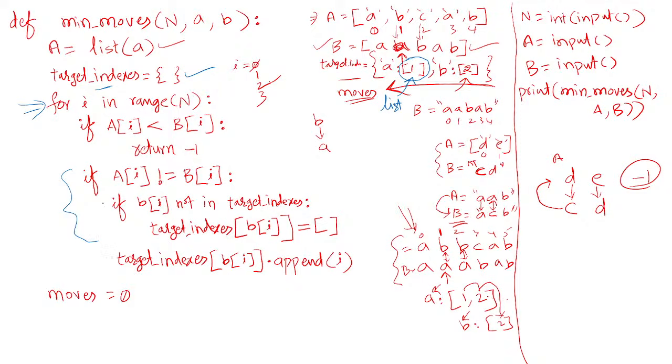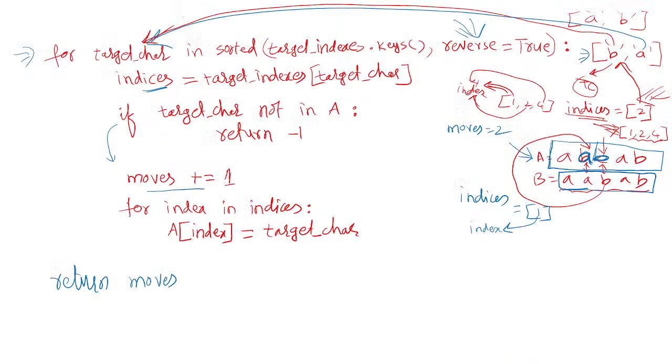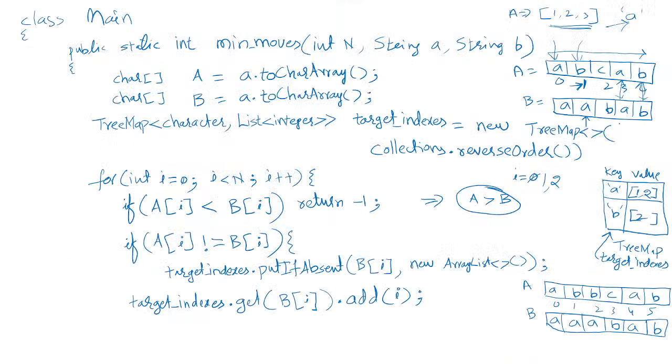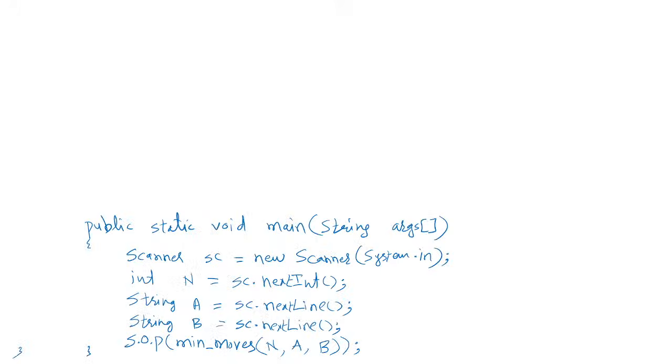Once we finished processing the string A and identified the indexes where the characters of B need to be replaced, now you perform the number of moves here. For this, we initialized a variable called moves equal to 0.